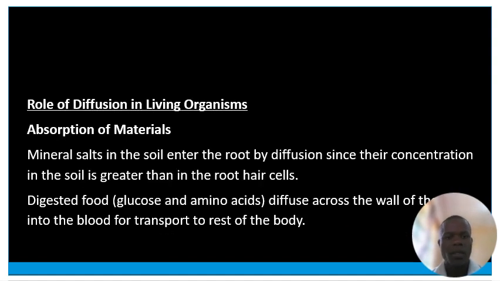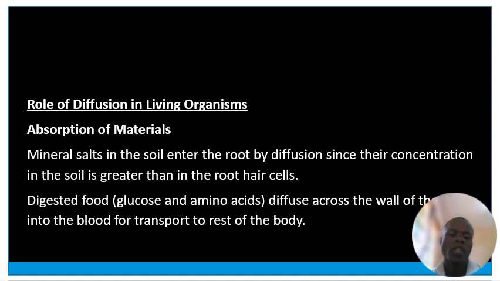Then let's see the roles of diffusion in living organisms. We have absorption of materials. Mineral salts in the soil enter the root by diffusion, since their concentration in the soil is greater than in the root hair cells. The digested food, that is glucose and amino acids, diffuse across the cell wall into the blood for transport to the rest of the body.